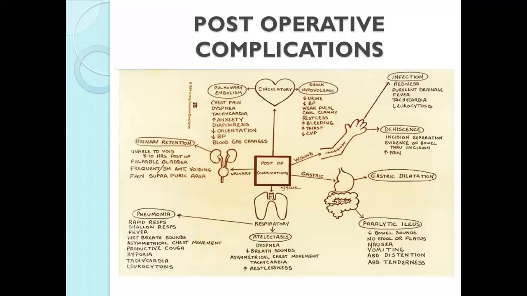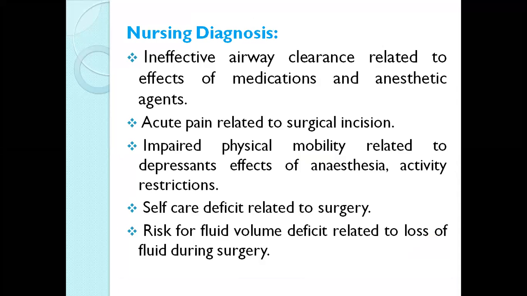These are some of the common post-operative complications, and they have given a few signs under them. You can go through those later by yourself, but remember the main post-operative complications: pulmonary embolism, hypovolemic shock, infection, dehiscence, paralytic ileus, atelectasis, pneumonia and urinary retention.